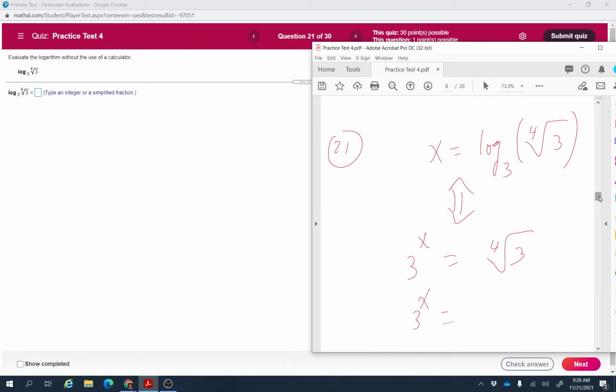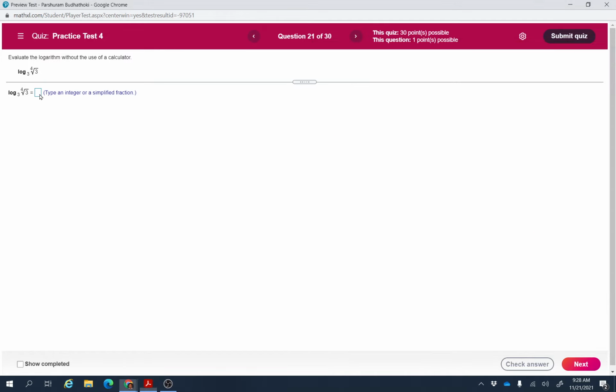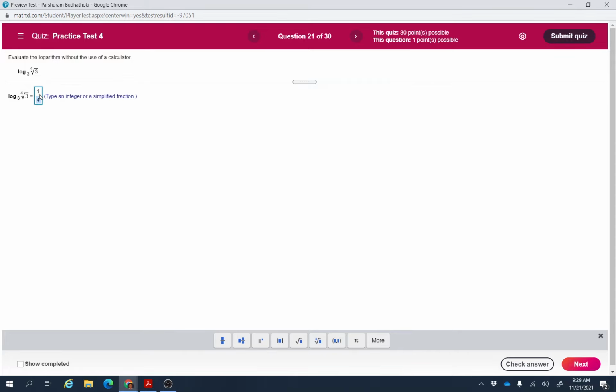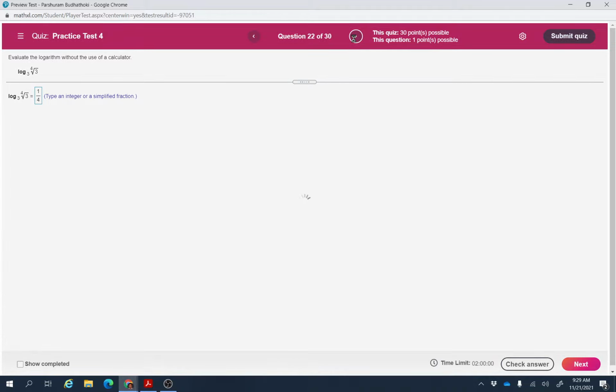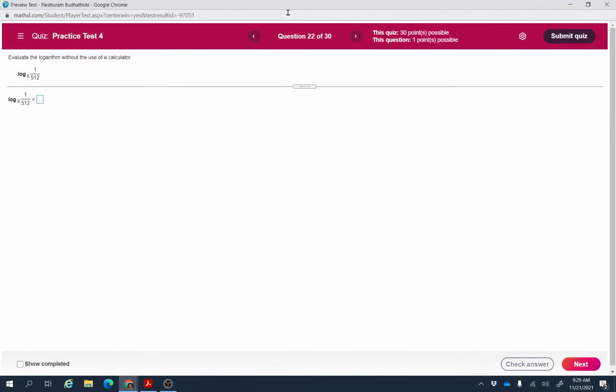So the fourth root of 3 means 3 to the power 1/4. Because they have the same base, x would be 1/4. So look at here, what is x? x is log base 3 of the fourth root of 3, and which should be 1/4. Okay, so it's 1/4. Very similar question. I'm going to skip it.